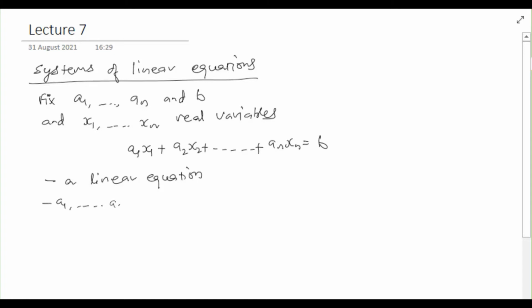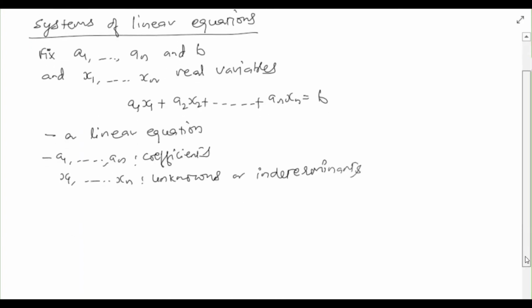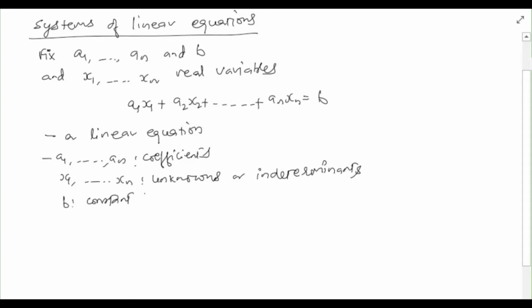a1 to an are called coefficients, x1 to xn are called unknowns or indeterminates. b is called constant term. It's again a real number.